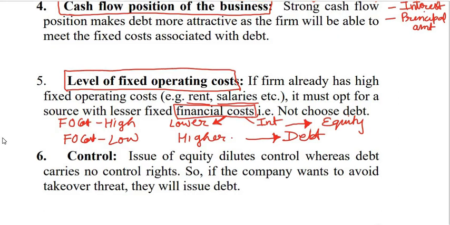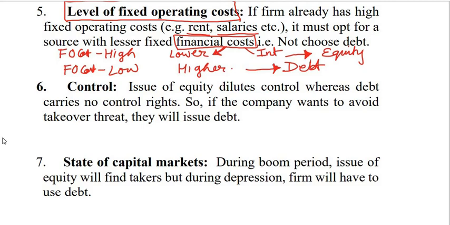Next is control. You must be aware of who the people are who actually control the company, or who become the board of directors of the company. They are basically equity shareholders. They are the real owners of the company. They become board of directors. They have the voting rights.